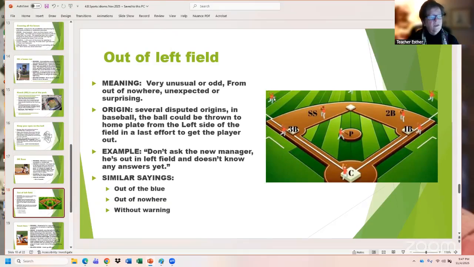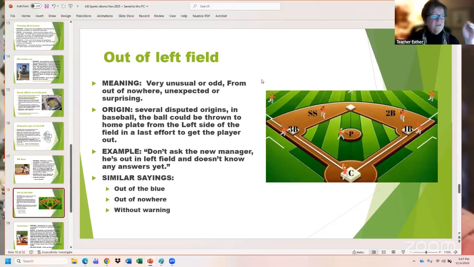And in the baseball origins, they were thinking about that there was a hospital right outside the baseball stadium.